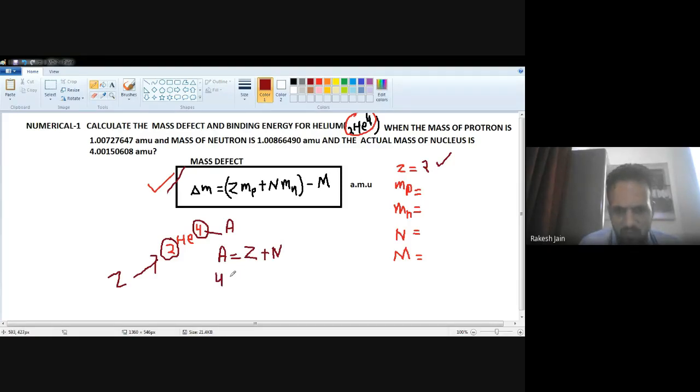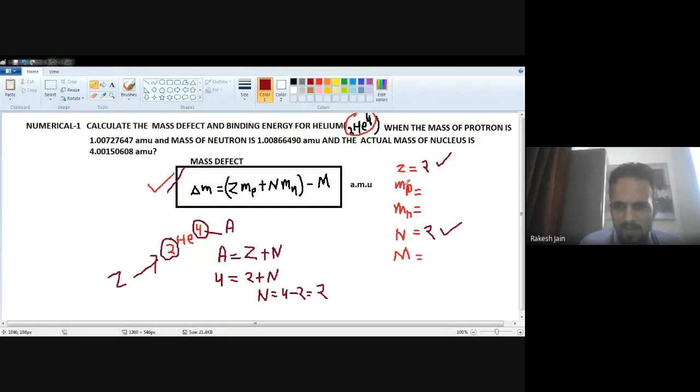A is given as 4. What is Z? Z is given as 2. Now we can easily calculate capital N. The number of neutrons is equal to 4 minus 2, that is 2. So capital N is 2.